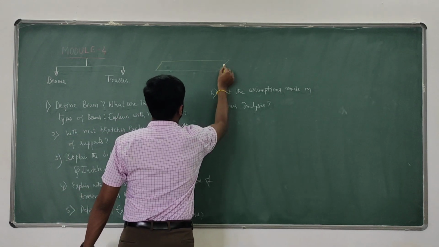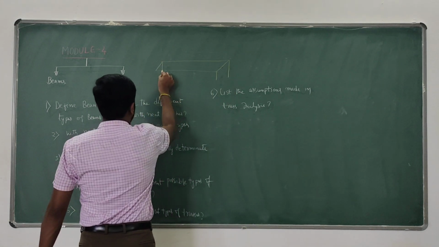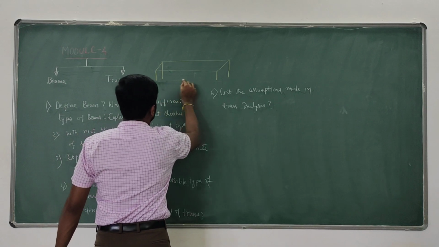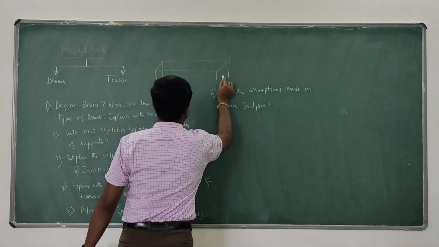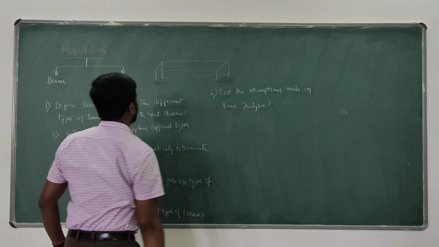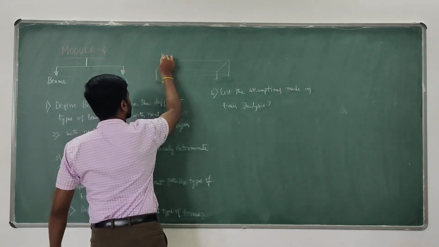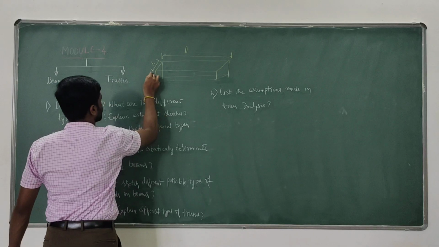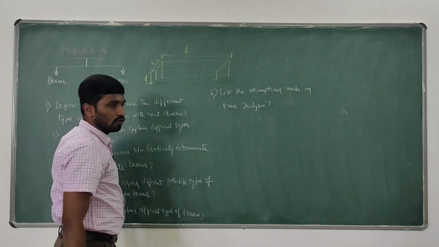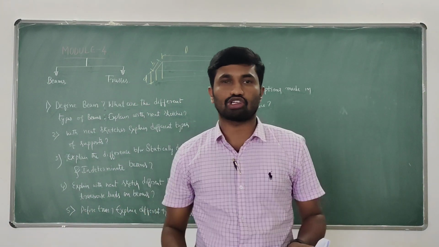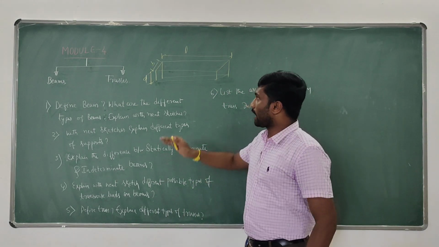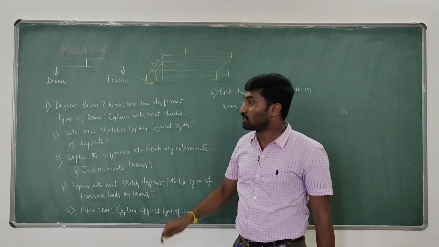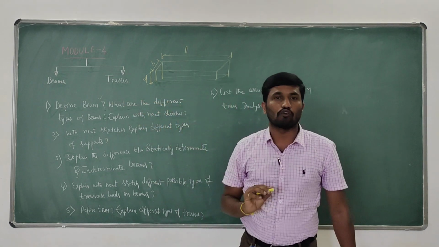It means the length of the beam is large compared to the breadth and depth of the cross-section. So beams are one-dimensional structural elements having the ability to take transverse loads from the members.